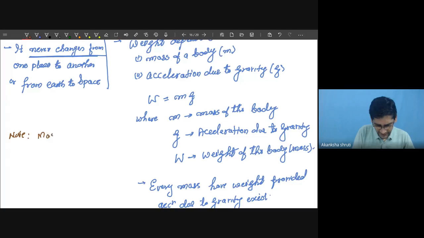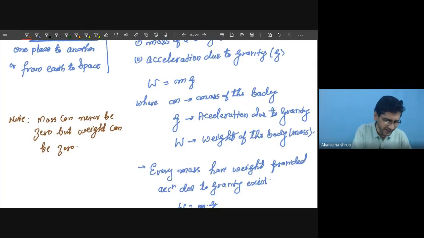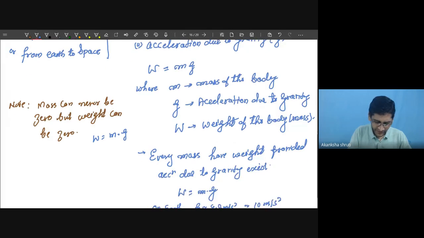Mass can never be 0, but weight can be 0. So write down a note here. This is the important point that we have learned. Why can the weight be 0? Because weight is given by mass into acceleration due to gravity. So if g is equal to 0, this implies W, the weight, is equal to 0. So this I had explained.